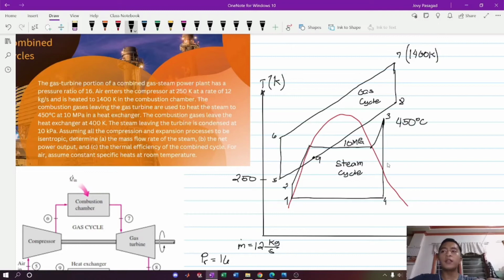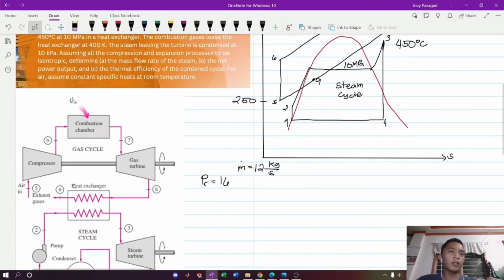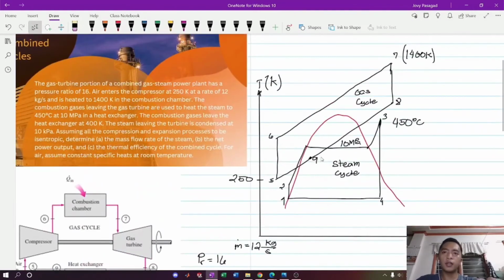So they leave at 400 Kelvin. Let's look at the diagram. The gases leave the heat exchanger at 400 Kelvin. This will be your steam cycle.